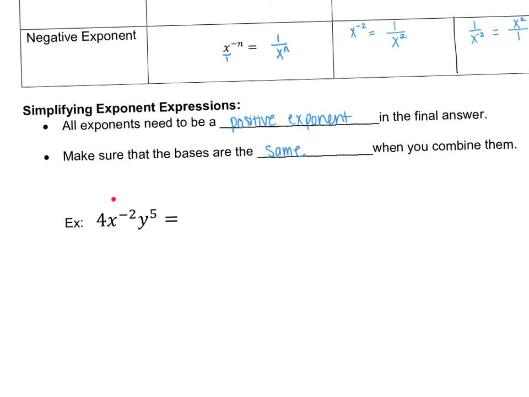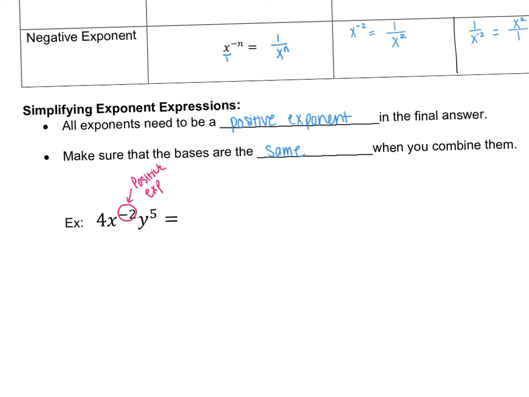So when I'm looking at this problem here, I noticed that x and y don't have the same base. So I couldn't multiply this x with this y and add the exponents because they are not the same. So the next thing I realized is that what I could do is take care of this negative 2, the negative exponent. So I need to make this exponent into a positive exponent.